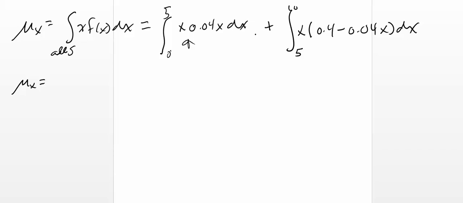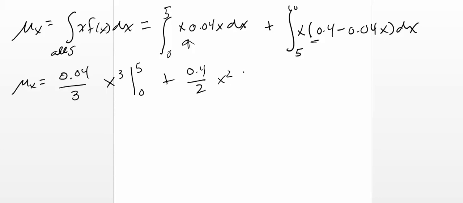evaluating this is really just 0.04x squared. That one's really not that hard to integrate. 0.04 divided by 3 x to the third evaluated from 0 to 5, plus we're going to have 0.4x, which is really just equal to 0.4 over 2 x squared after we integrate that, and that's evaluated from 5 to 10.